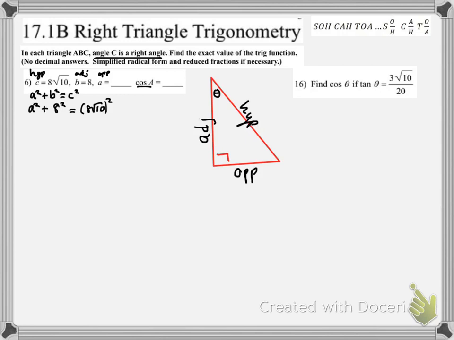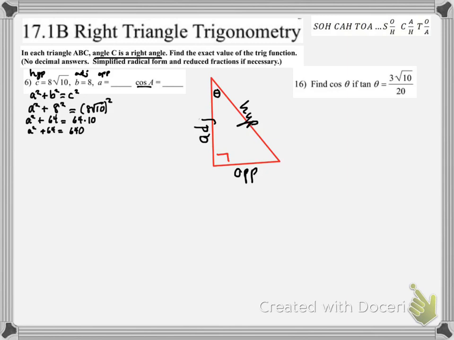I need to square those things. Eight squared is 64. When I square this one, I'm going to square the 8 to give me 64. And I'm going to say root 10 times root 10. That's root 100, and the square root of 100 is just 10. So now I have a squared plus 64 equals 640.